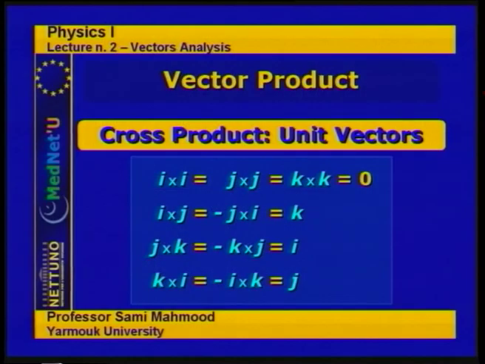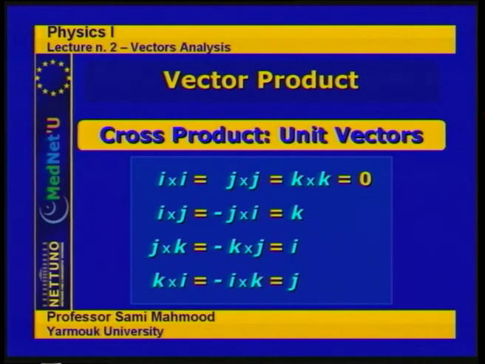Similarly, the cross product between the two unit vectors J and K, J cross K is equal to the magnitude of J times the magnitude of K times the sine of the angle between them, which is equal to 1, and the direction of the result is in the direction perpendicular to the plane where J and K lie.